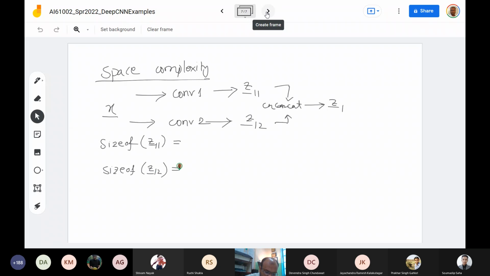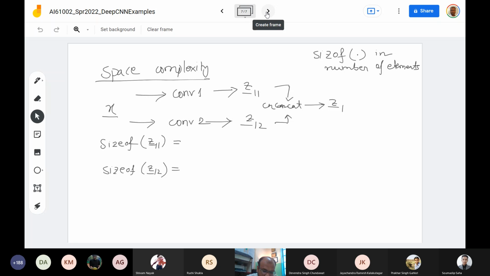So just tell me the size of this in number of elements. I'm not looking into precision of the system as of now. Just tell it to me in terms of number of elements.